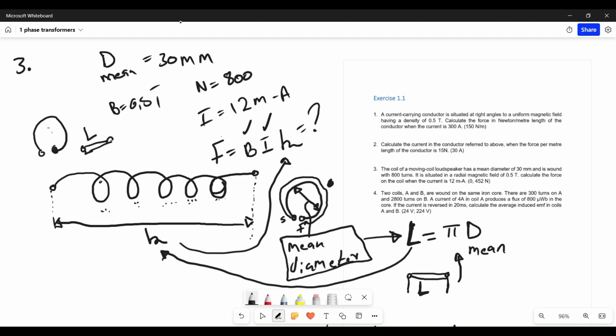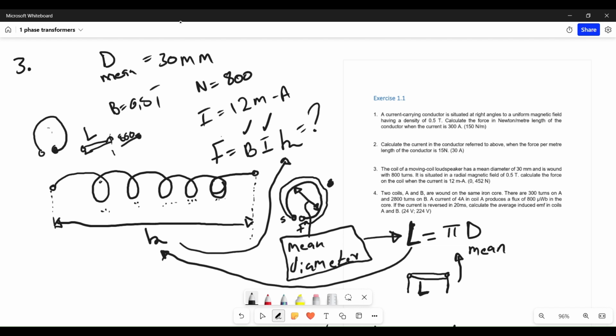Okay, so right now we are told that the coil has 800 turns. After knowing the length inside one turn, we will simply repeat it 800 times, meaning we're going to multiply it by 800.